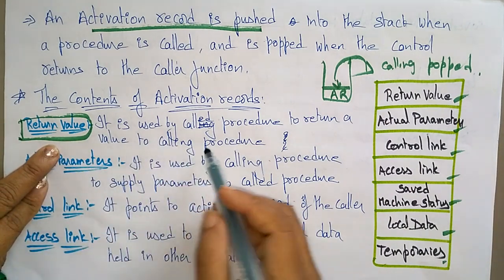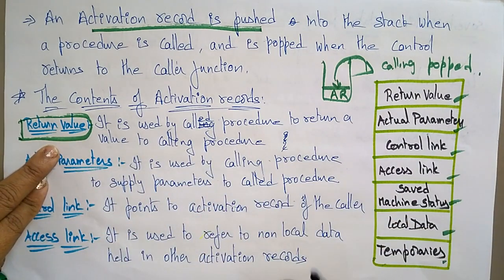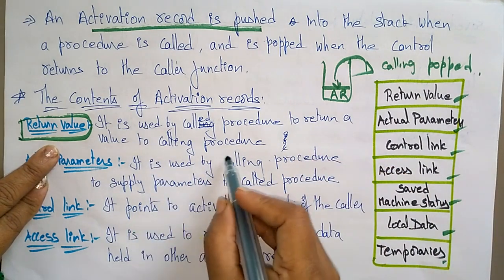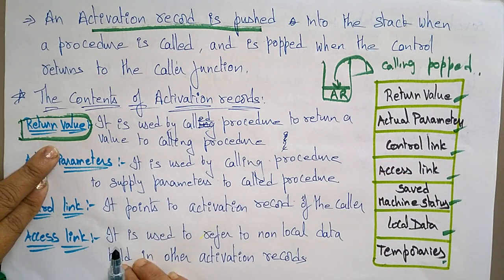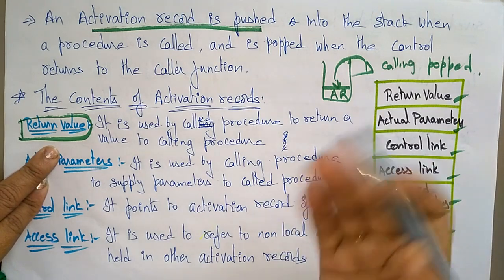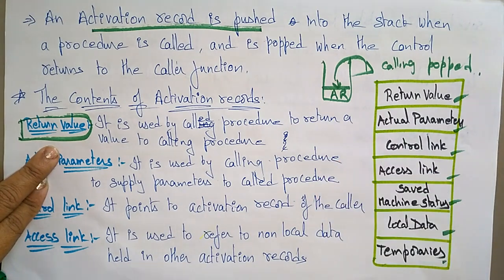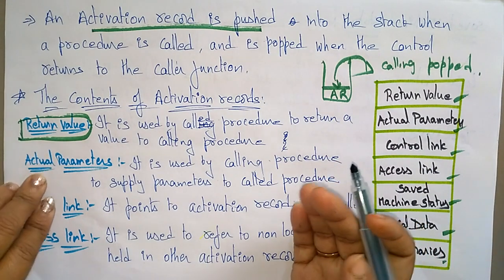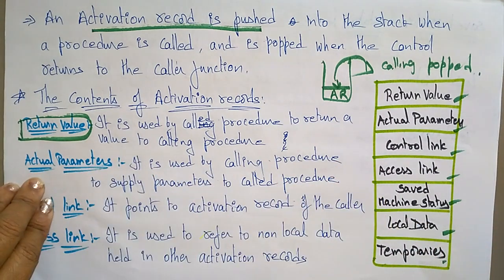The called procedure uses this return value to return a value to the calling procedure. Suppose I am the called procedure, I use the return value and return that value to the calling procedure, that means to you. I am returning the value to you.